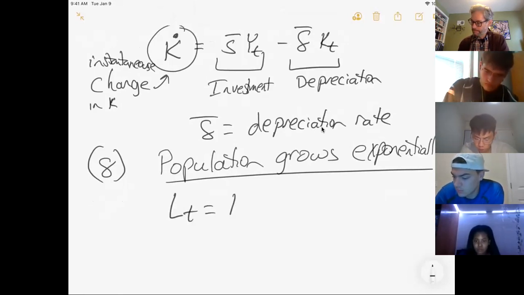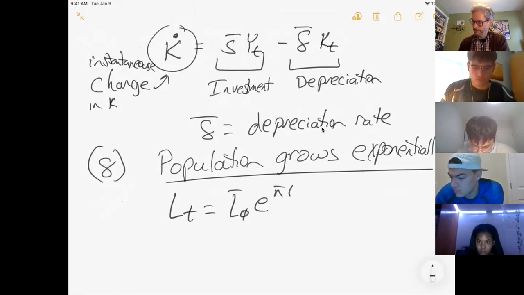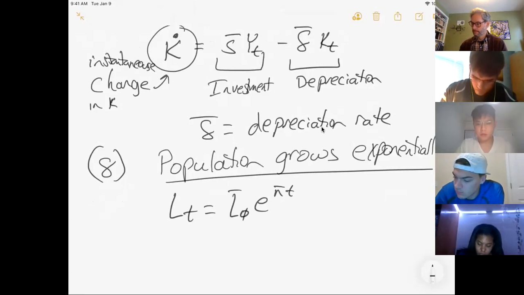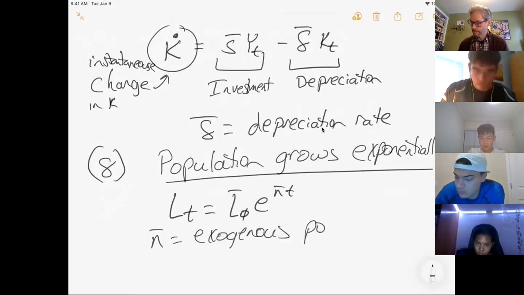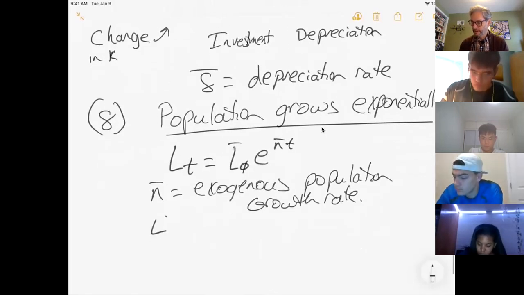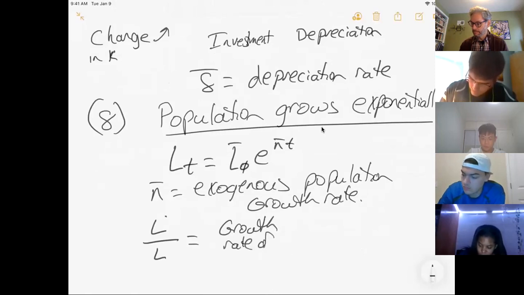So we're going to assume that population growth looks like this, where N bar is the population growth rate. In other words, what is L dot divided by L, which is the growth rate of population? It equals N bar.